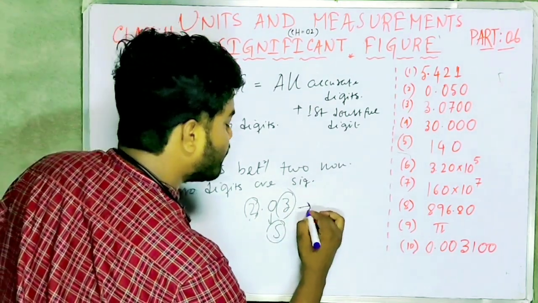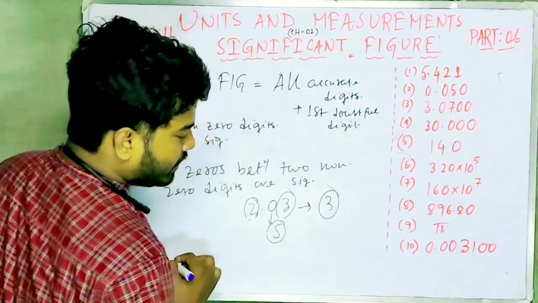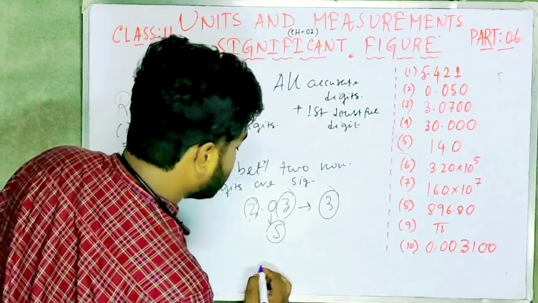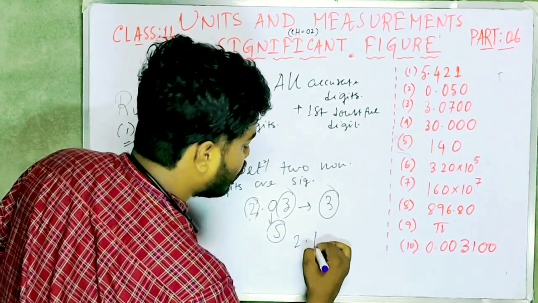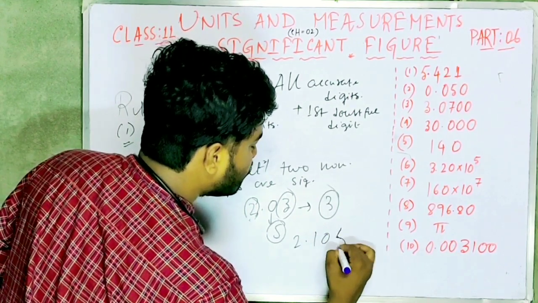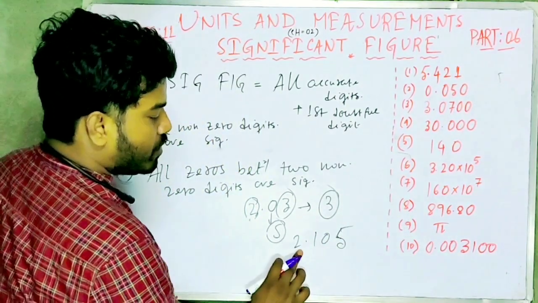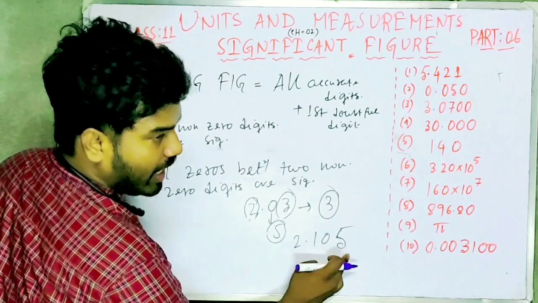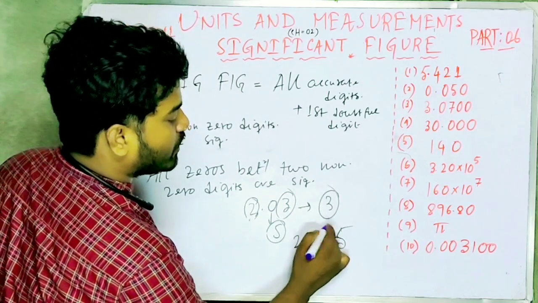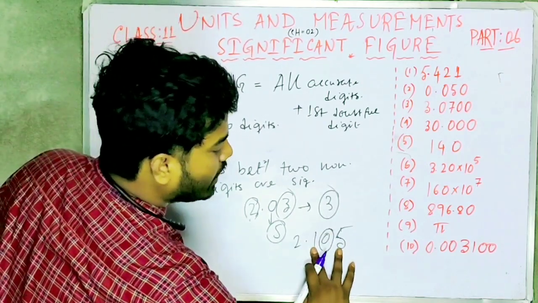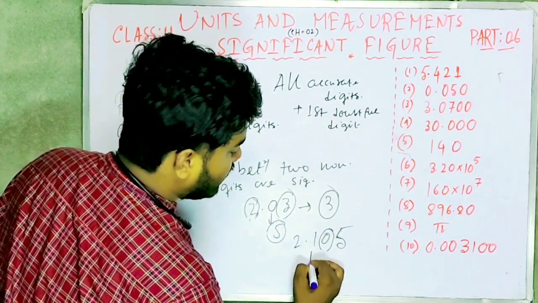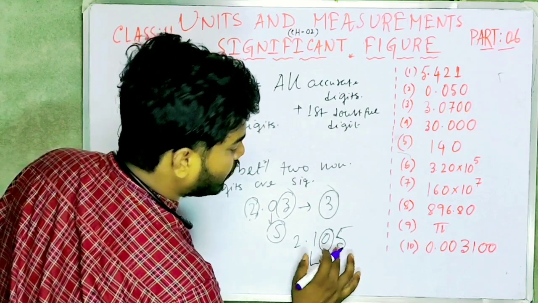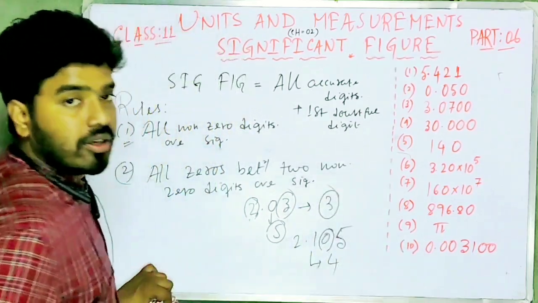So here the significant figures are 3. Clear? Let's take another example. Suppose 2.105. 2 significant, 1 significant, 5 significant, and this 0 is placed between 2 non-zero digits, that is 1 and 5. So this 0 is also significant, and so the significant figures will be 1, 2, 3, 4. That is, 4 significant figures.